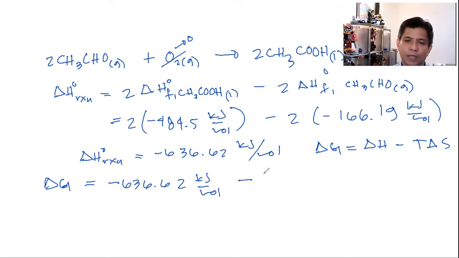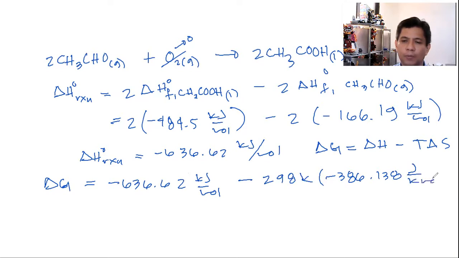So, ito, negative 636.62 kilojoules per mole. Tapos minus, ang temperature natin ay 298 Kelvin. Tapos i-multiply natin ng delta S. Yung nasolve natin kanina ay negative 386.138. So this is joules per Kelvin per mole. Okay? So para ma-add itong dalawang term, kailangan kilojoules nito. So basically, i-divide nyo lang ng 1,000. So basically, the 1,000 will convert joules to kilojoules.